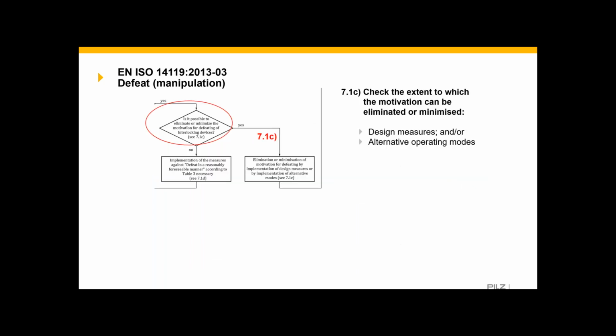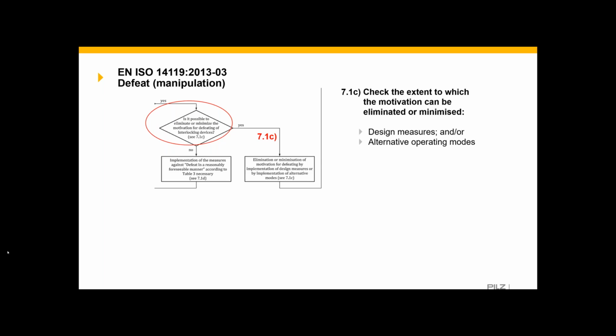So we need to check the extent to which the motivation can be eliminated or minimized. So we have design measures and or alternative operating modes. So the motivation to defeat can be avoided by implementing alternative modes on the operation.